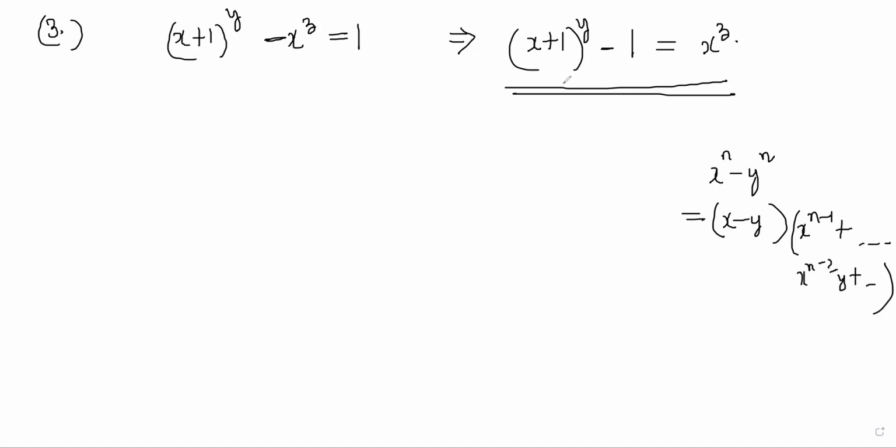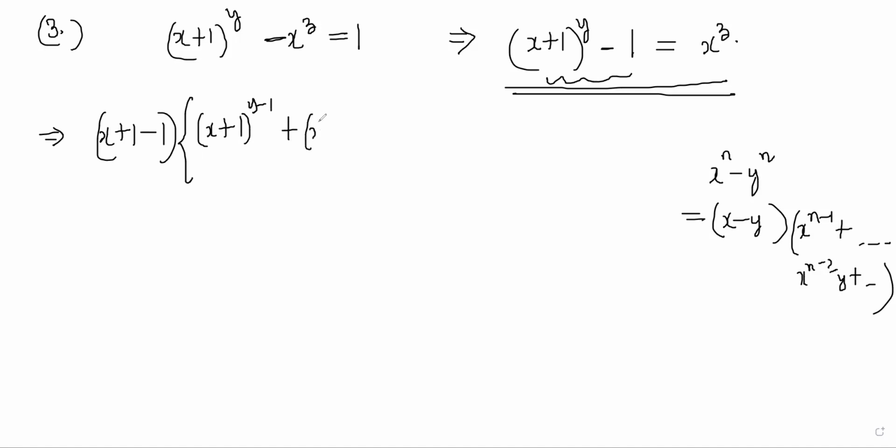So I'm going to use that factorization here, and I'm going to rewrite this as (x+1-1) times ((x+1)^(y-1) + (x+1)^(y-2) and so on till (x+1) + 1), which is equal to x^z.